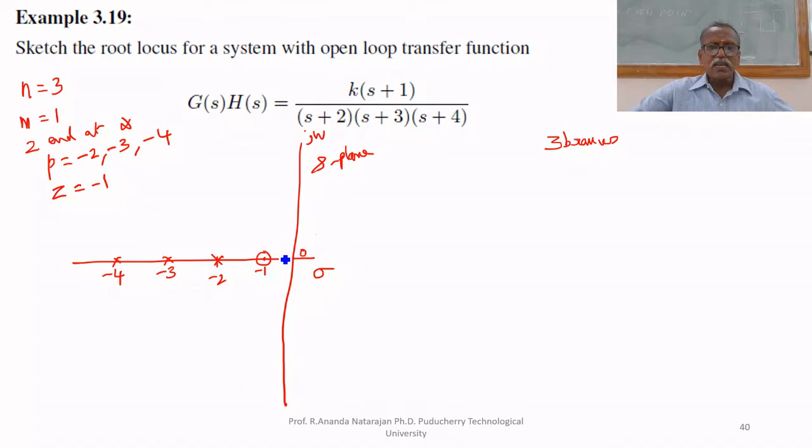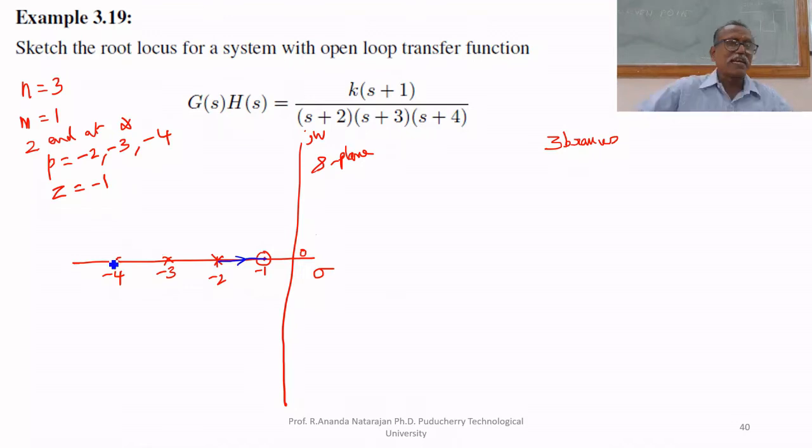But if you select any point between -1 and -2, it is part of the root locus. Therefore, root locus starts at -2 and ends at -1. Is there any root locus branch between -2 and -3?